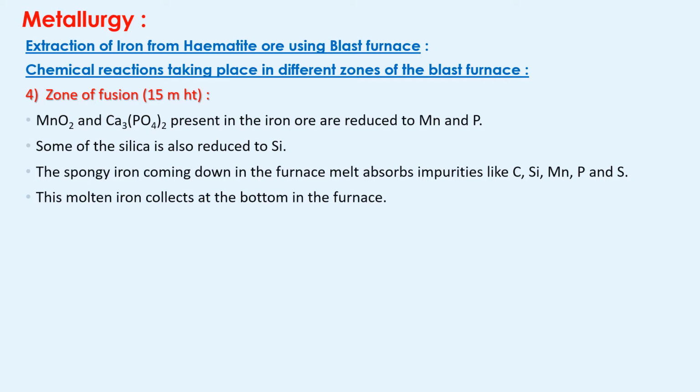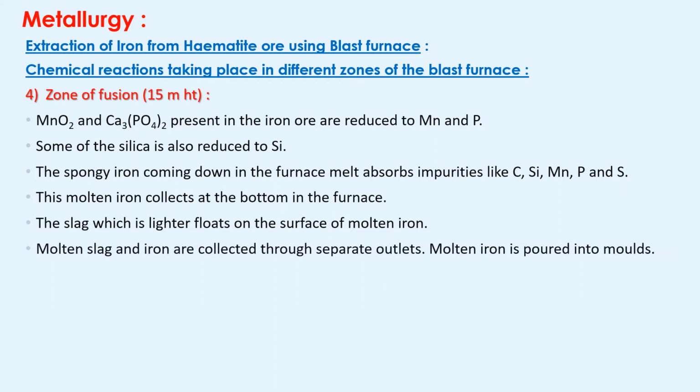The molten iron is collected at the bottom of the furnace, and the slag, which is lighter, floats on the surface of the molten iron. Molten slag and iron are collected through separate outlets. If you see the diagram, there is a separate outlet for slag and a separate outlet for molten iron. And that molten iron you have to pour into molds.